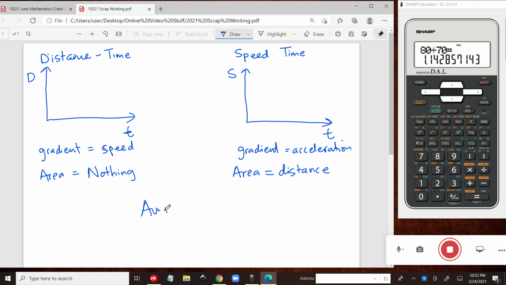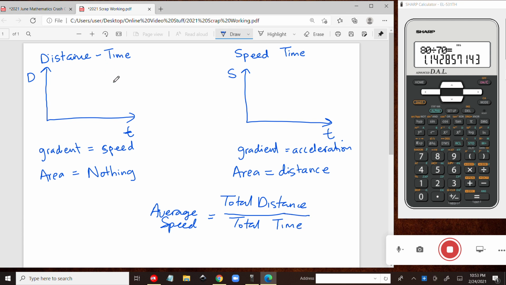Anytime they ask you to calculate the average speed, you just have to take the total distance they are talking about and divide it by the total time it took.